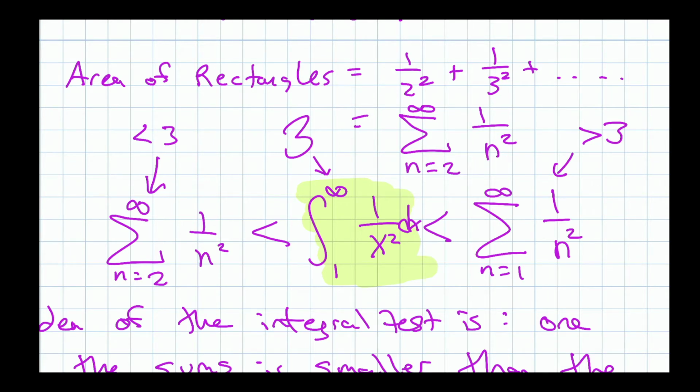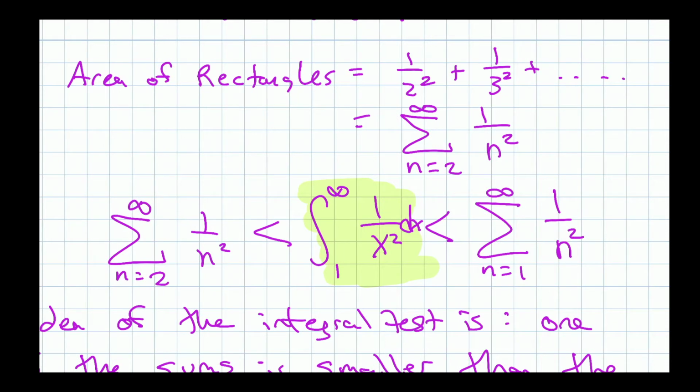But that logic doesn't actually make sense, because if the integral is 3 and this one over here converges, so this one is less than 3, the only difference between this one and this one is that this has one extra term. This has n equals 1, this has n equals 2.